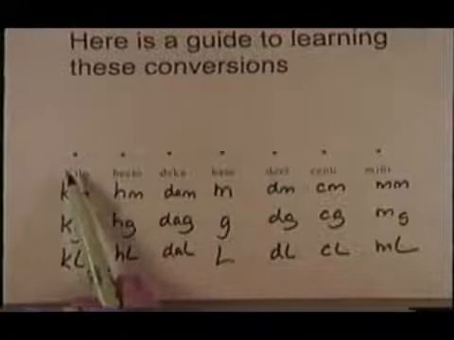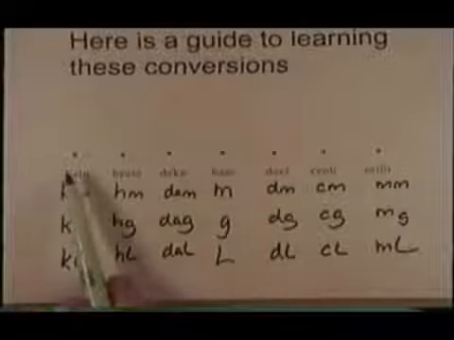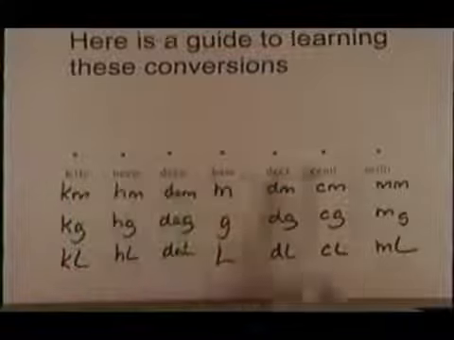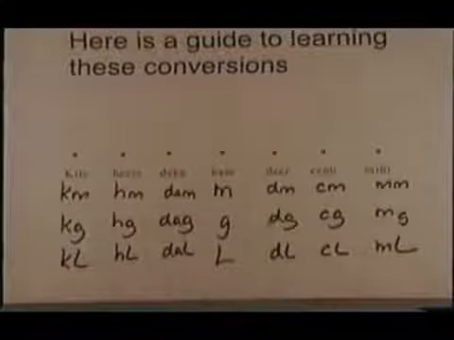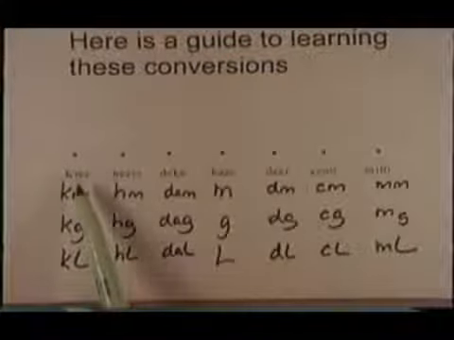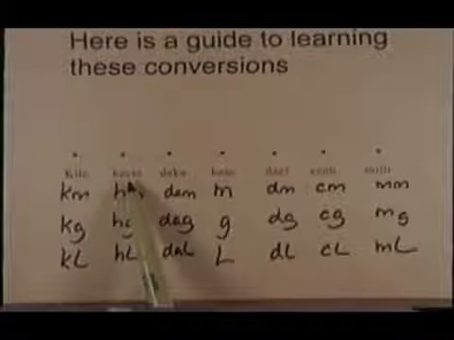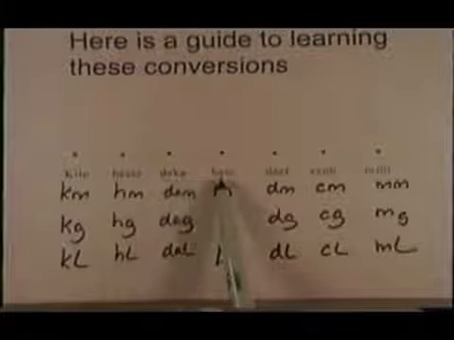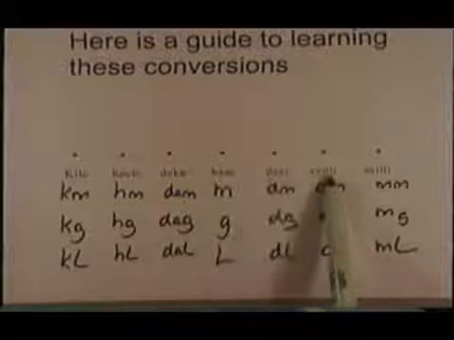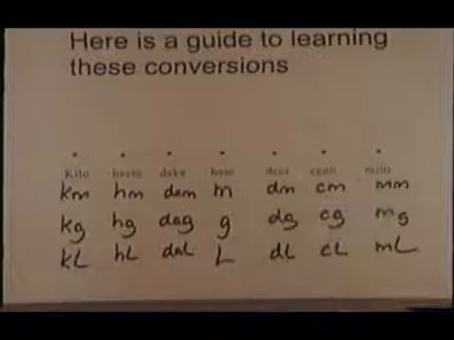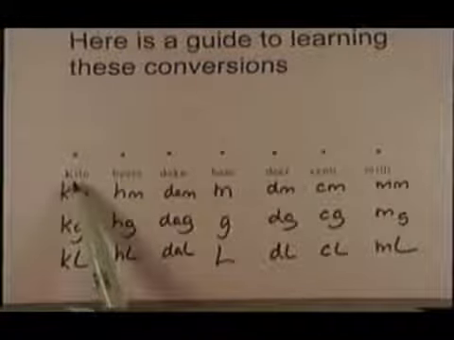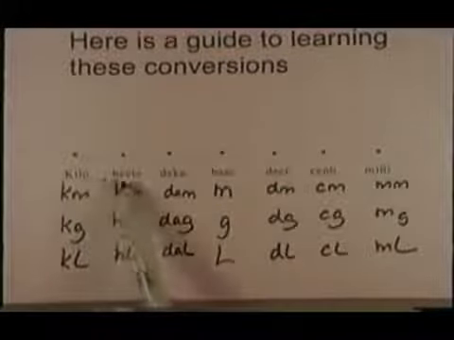Now there is a saying, actually there are several sayings, that students can use to remember the scale. And I'm going to share one of those with you now. King Hector danced before drinking chocolate milk. So the K in king is for kilo.